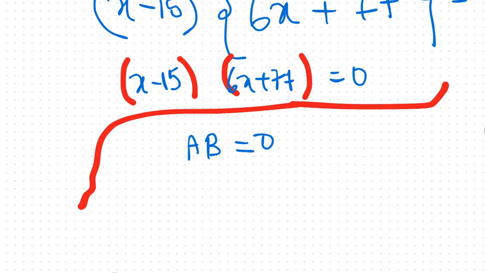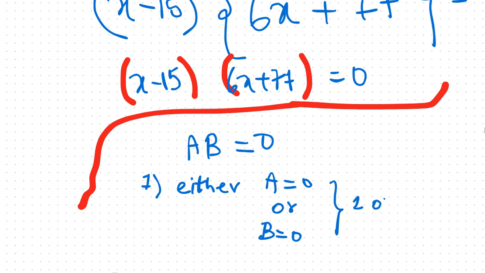There are two cases. Either a is equal to 0 or b is equal to 0. Even if a is 1000, or 10,000, times 0 is still 0. Are you understanding?